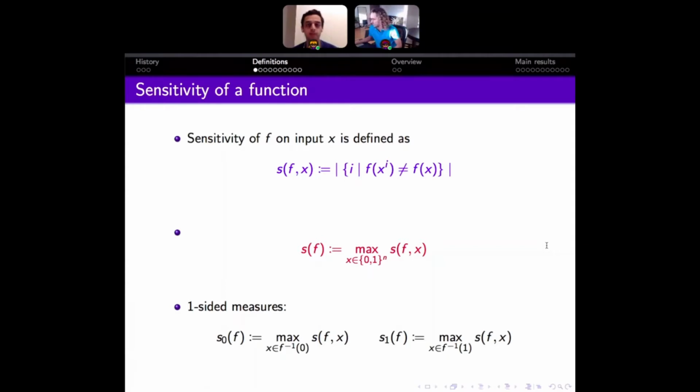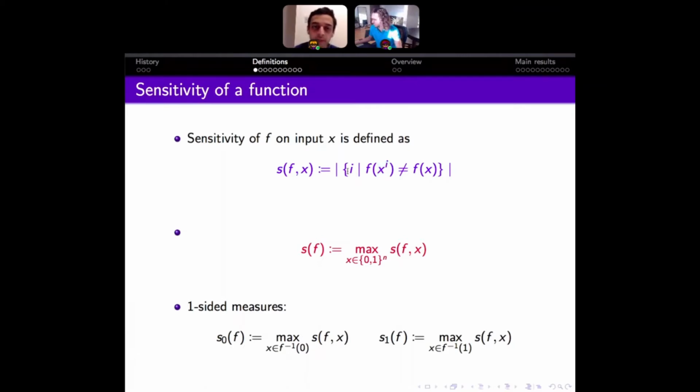So the sensitivity of a function on input x is defined as the number of bits i such that if you flip the ith bit of the input, then the function changes value. In this notation, x to the i corresponds to the input obtained by changing the ith bit of x.